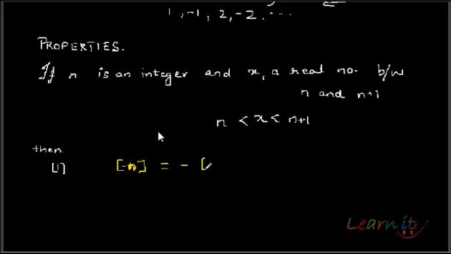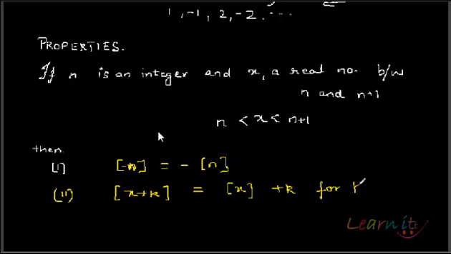Now mind you, n is an integer. So if I take greatest integer function of minus 1, it will be nothing else but minus of greatest integer function of 1, which is minus 1. So it is minus 1 simply.